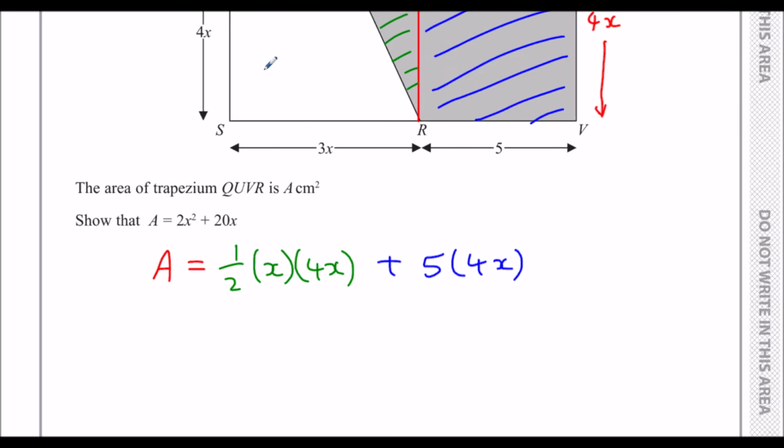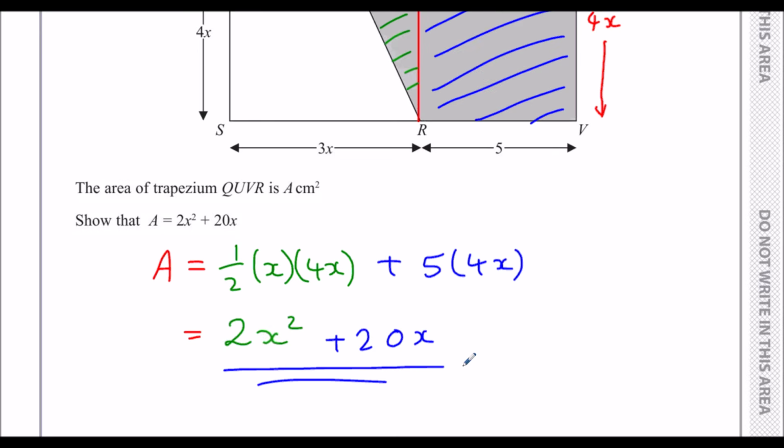Let's simplify this. Half times x times 4x: half times 4 is 2, x times x is x squared. And 5 times 4x is 20x. So we've got 2x squared plus 20x.